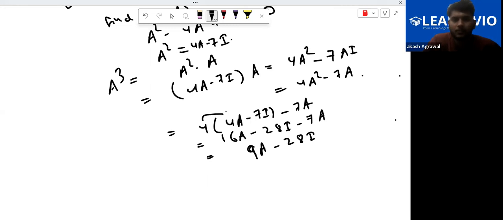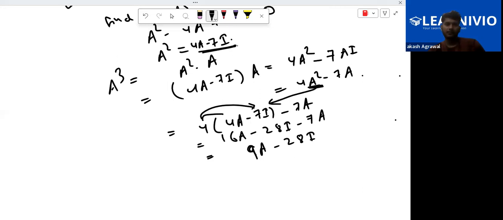Right, we distributed it, we multiplied. We did not take 4 outside. What we did is we replaced the value of this a squared with 4a minus 7i. Okay.